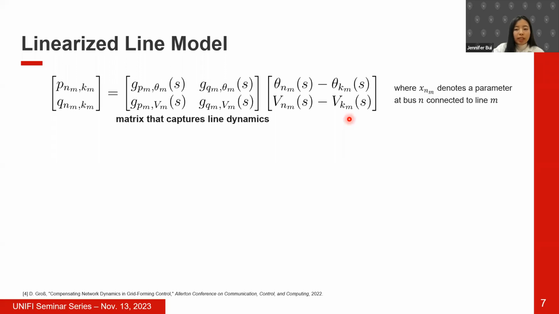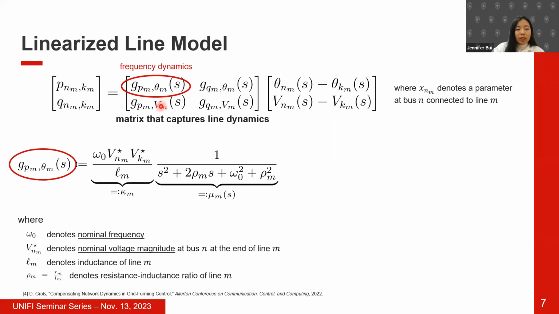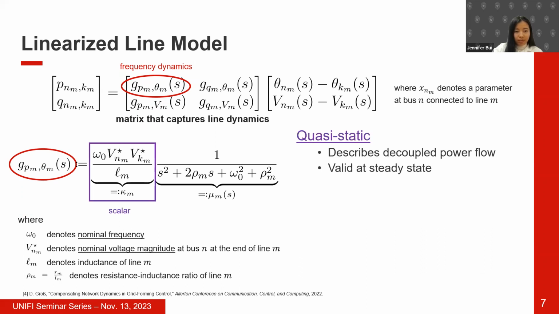Since we're interested in frequency dynamics, we focus on this first element, which captures the relationship between active power and phase angle difference. You may recognize this scalar term, which alone describes decoupled power flow.